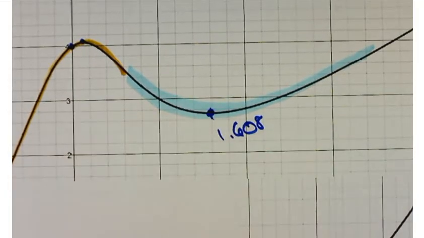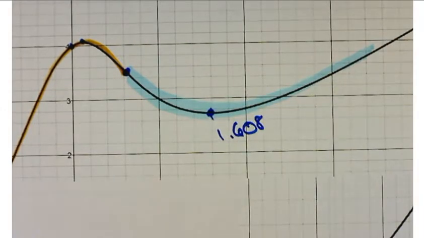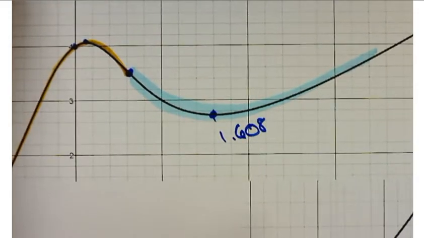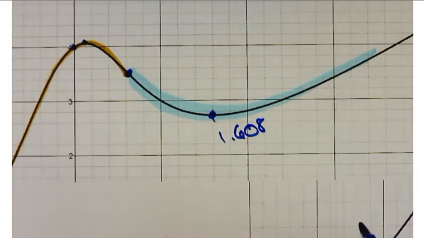All right. But right here, roughly, the concavity changes. So you're going from concave up to concave down. It's tough to estimate what point that is. Let's do it here on the graph. It's not showing up too good.